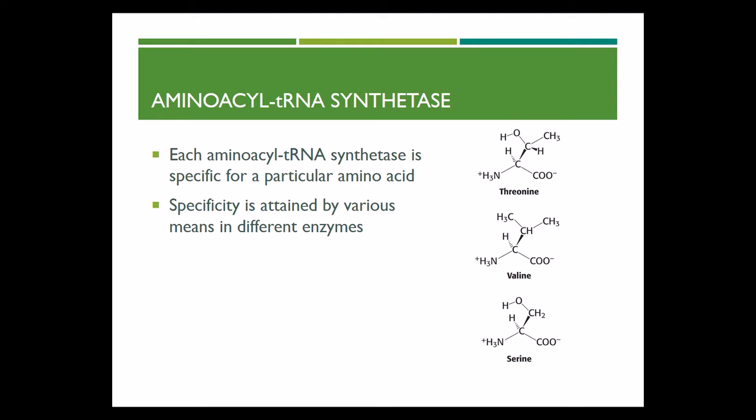Serine is smaller than threonine, but it could occasionally link to the threonyl transfer RNA synthetase because it does have the presence of the hydroxyl group. So there needs to be a mechanism that removes the unwanted amino acids that could possibly venture into the active site.